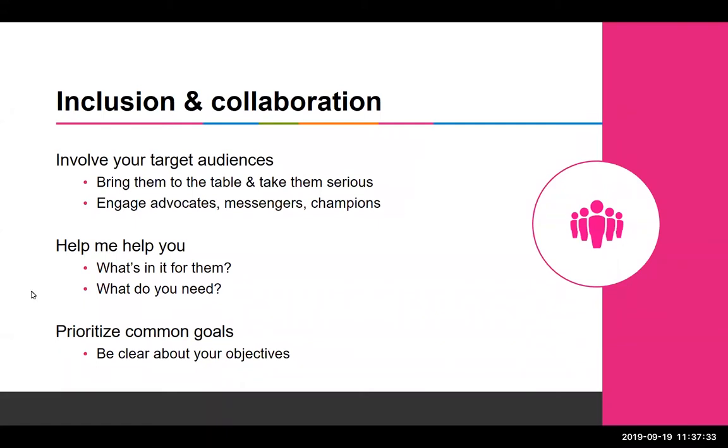Not only will it help your message overall, it will generate positive word of mouth. It will legitimize your efforts within their networks, and they will often do this work free of charge for you. So budgets are always a concern, and wherever we can get input and advice directly from the audience, the better. The help me help you, what's in it for you, what's in it for me.